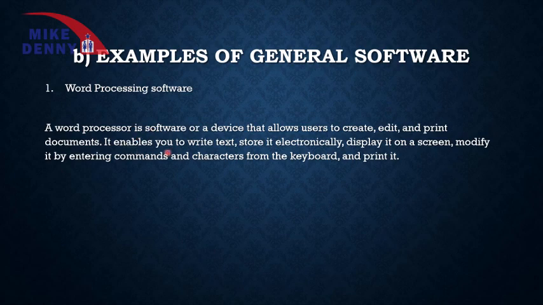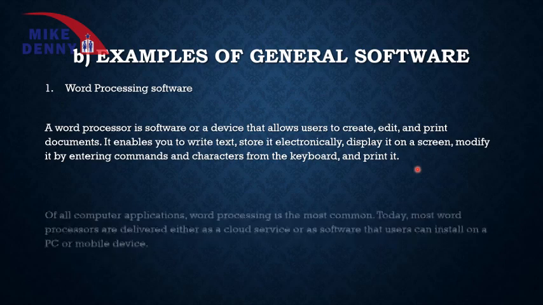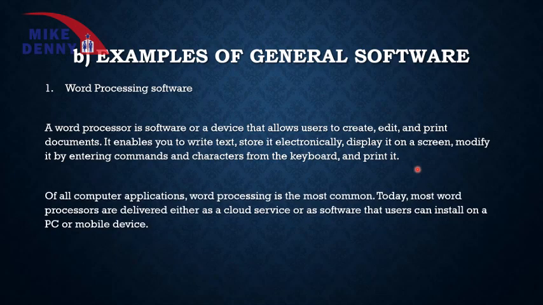It enables you to write text, to store it electronically, to display it on a screen, to modify it by entering commands and characters from the keyboard, and print it. Yes, that's the definition of a word processing software. It allows the user to create new documents, to edit them, to print, to reuse, to store, and so on.